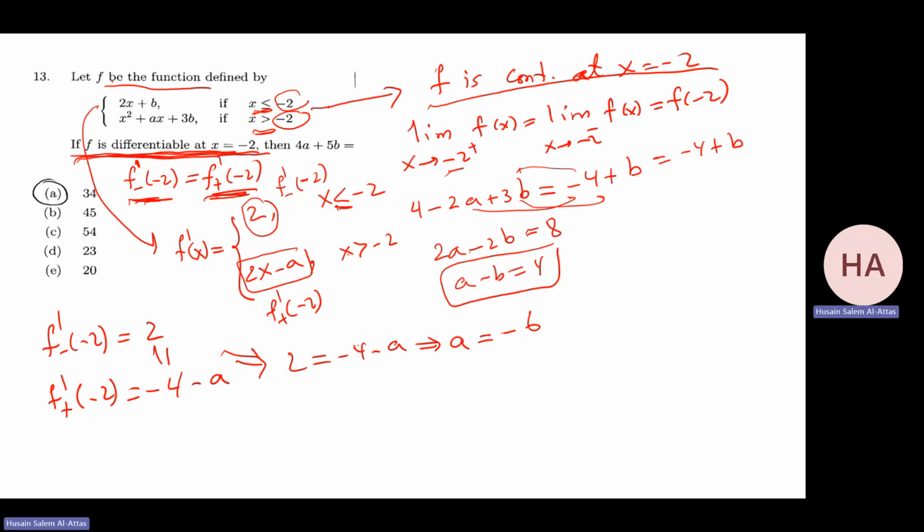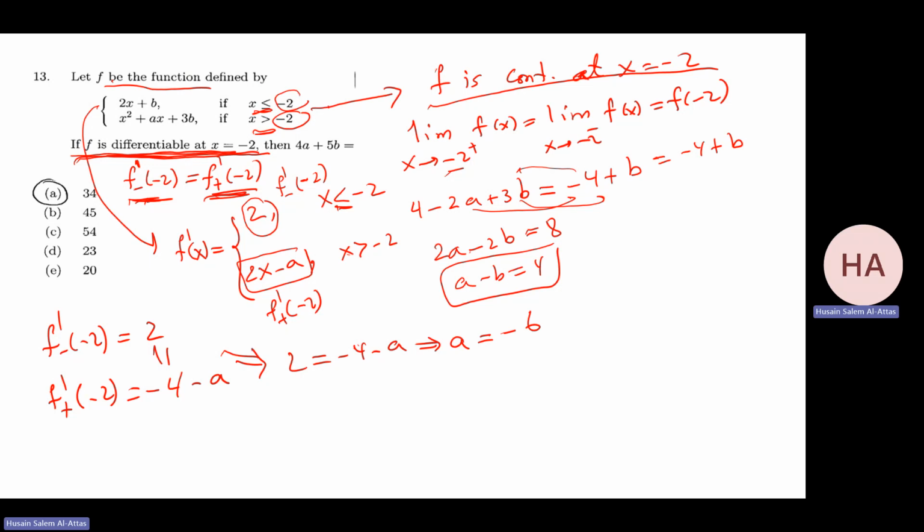Did I do any mistakes? This is 2. This is 2x minus a. Minus 2 gives me minus 4 minus a. Minus 4 minus a is equal to 2. So a equals minus 6. There's something wrong somewhere.